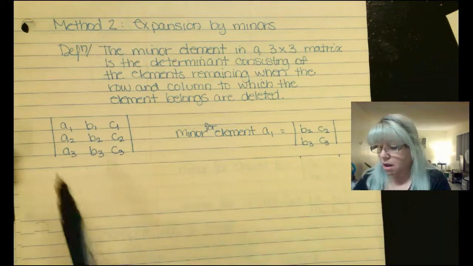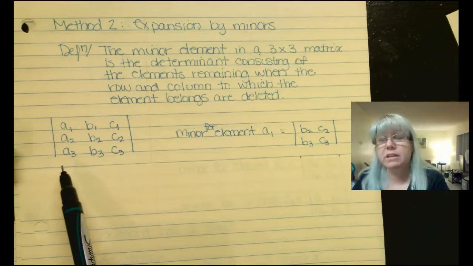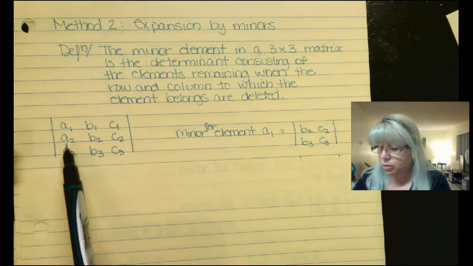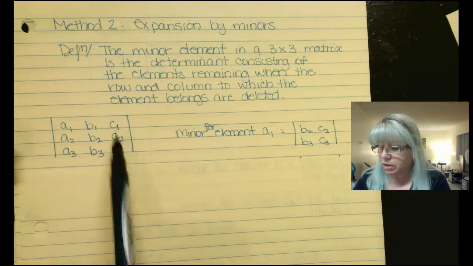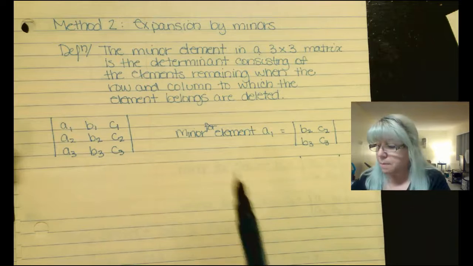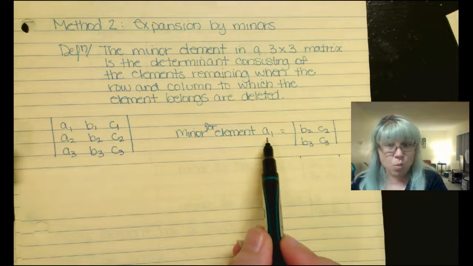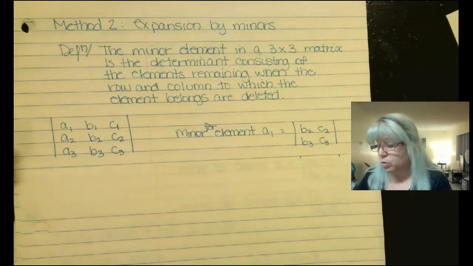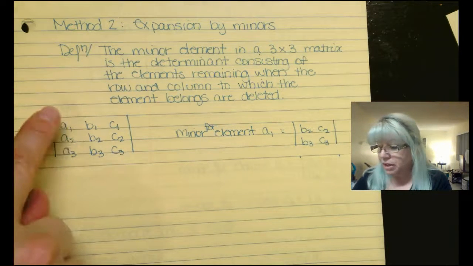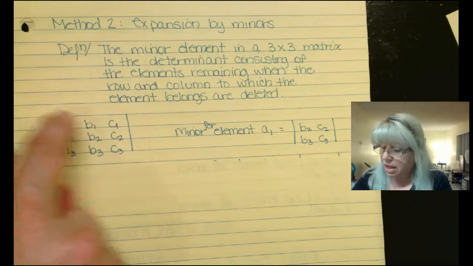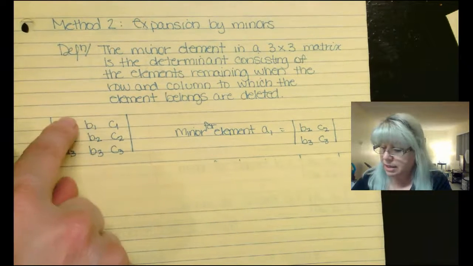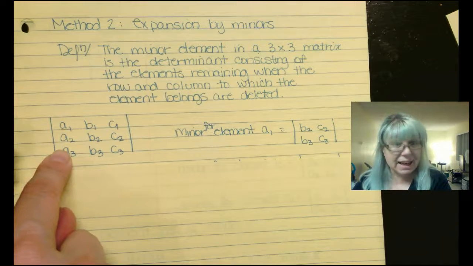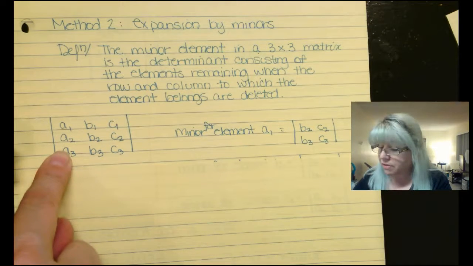So here's what we're looking for, our determinant for a 3 by 3 matrix: A1, A2, A3, B1, B2, B3, C1, C2, C3. The minor element for A1 is the determinant you get when you put your finger over A1, cross out the row that it's in and the column that it's in, and take the determinant of the remaining values.